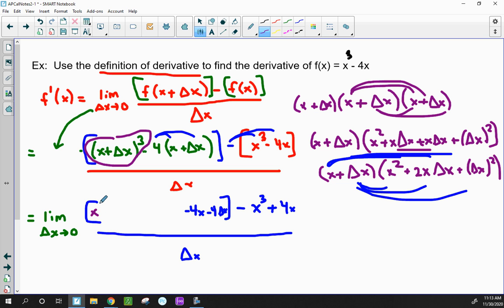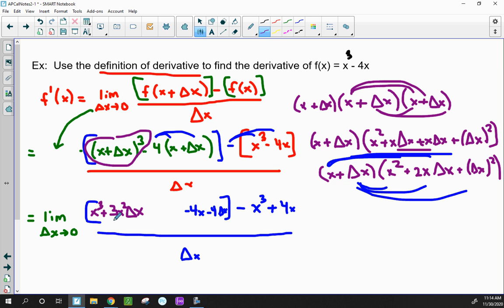Anytime I have a binomial cubed, I'm allowed to basically take the first term and cube it and write it down. Then I'm allowed to think of it in terms of like there's going to be three of those next terms. So I'm going to go ahead and say there's 3x squared delta x's. Again, this is based on patterns, and I didn't explain all of it, so this is the way to get there.